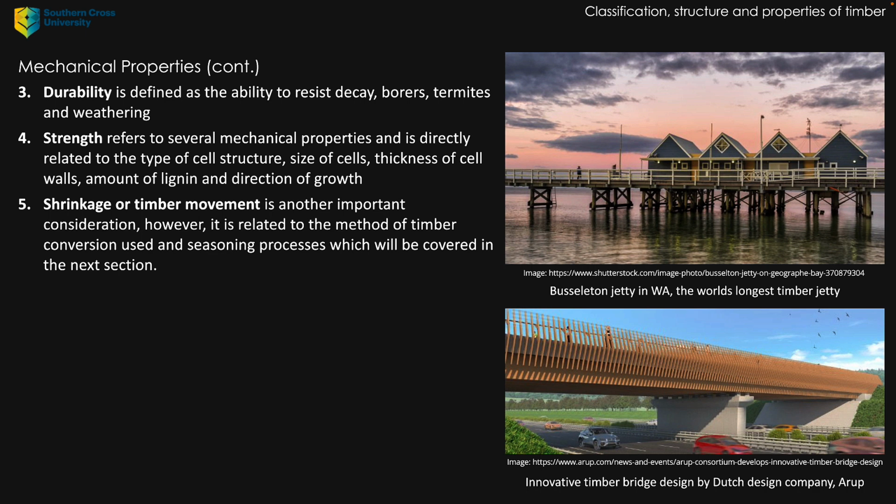Strength refers to several mechanical properties, and it is directly related to the type of cell structure, size of cells, thickness of cell walls, the amount of lignin, and the direction of growth. And again, strength matters if you're going to be making something particularly challenging, and I've put in here this bridge.